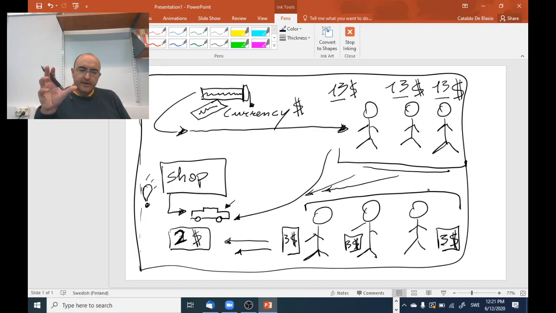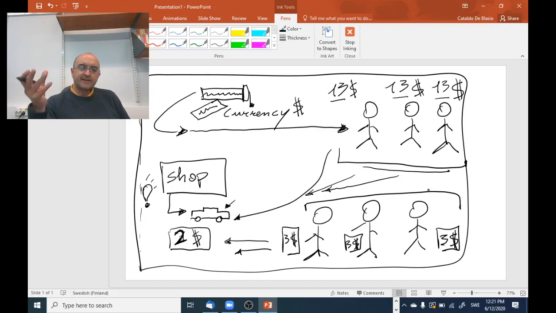Therefore, when we say that inflation is going up, so the prices are inflating, there would be no difference if the increase of salary or income and so on were the same for all the people.